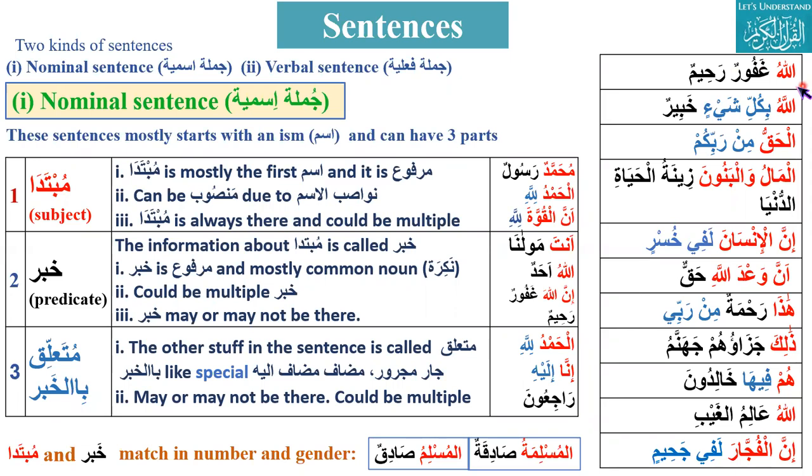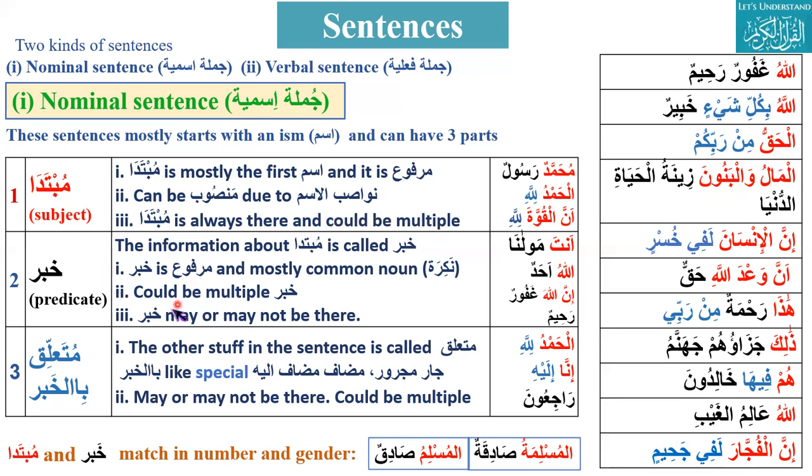Mubtada is the starting point. This is the subject, and it will always be there. And which part could be multiple? Khabar and muta'alliq bil khabar. What about mubtada? Mubtada too. See here, al malu wal banuna. How many mubtada here? Two. So mubtada could be multiple.